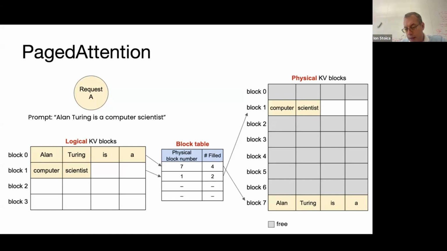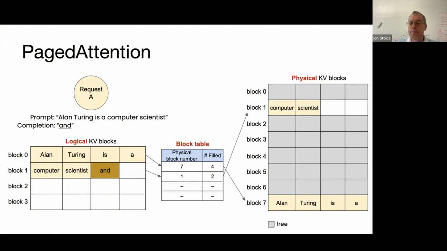because remember that these models just generate one token at a time, and each token is based on all the previous tokens, right? So this table is basically saying that block 0 is mapped to block 7, and all the tokens in that block are used, and block 1 is mapped to block 1, and the first 2 tokens are used, right? So now if I generate another token, in the logical memory it's going to be stored contiguously.